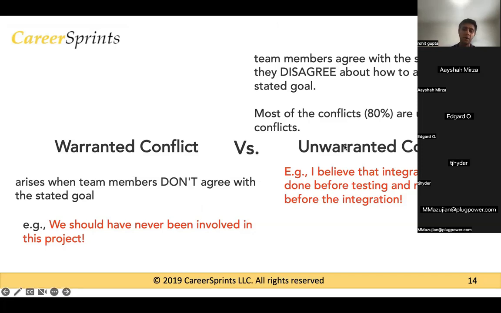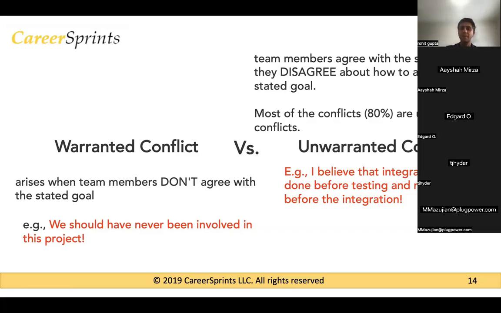Next is unwarranted conflict. Unwarranted conflict is that you do agree with the goal of the project, but you maybe do not agree with how the project should be carried out. So maybe you're thinking that a work breakdown structure should be used in the project, but someone else says no, maybe we should not be using that.